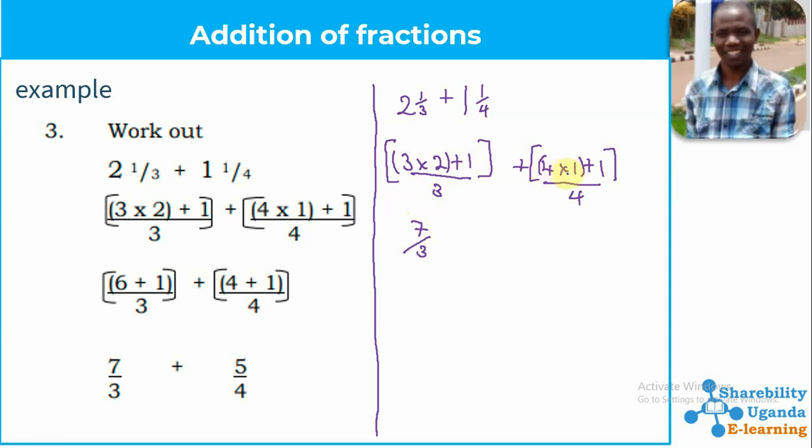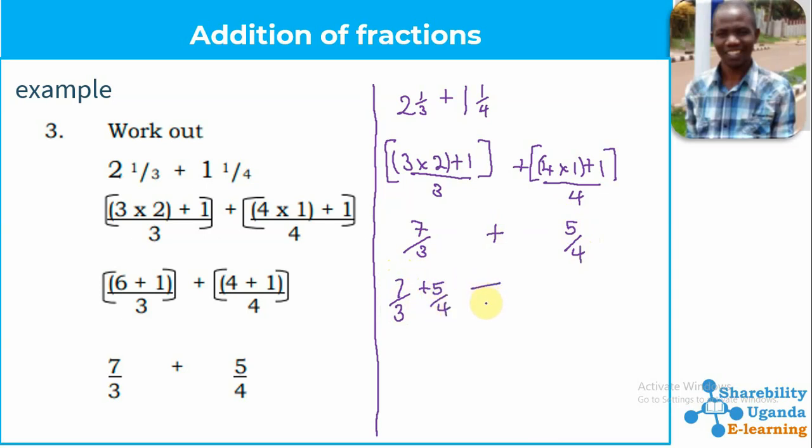Then we say 4 times 1, which is 4, plus 1, 5. Here we shall have 5 out of 4. After you have worked this out, that simply means we are only having a plus here. So we now have 7 out of 3 plus 5 out of 4.